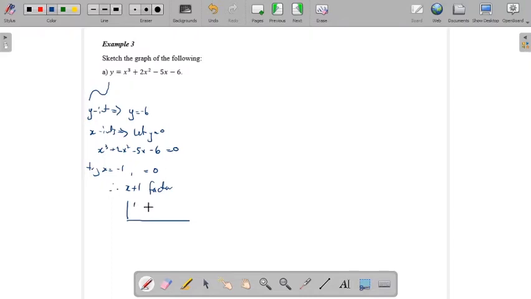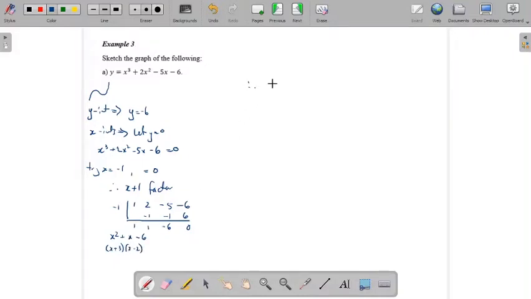And then we do our division. And we were left with x squared plus x minus 6 as our quadratic factor. And if we were to factorize that, which we can, two numbers that multiply to give -6 and add to give 1, that's +3 and -2.